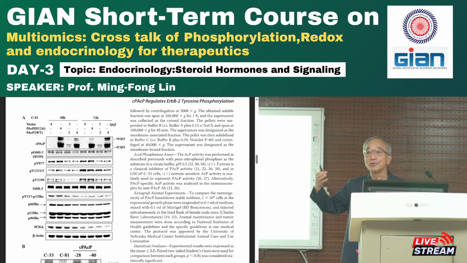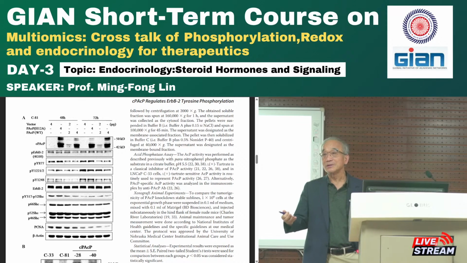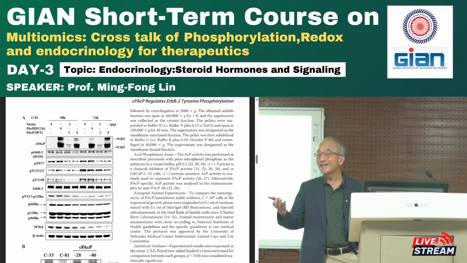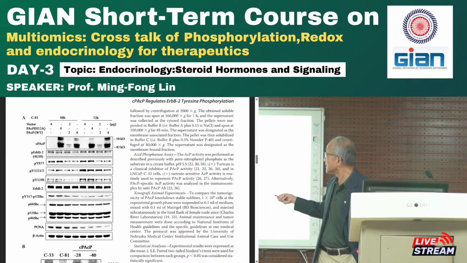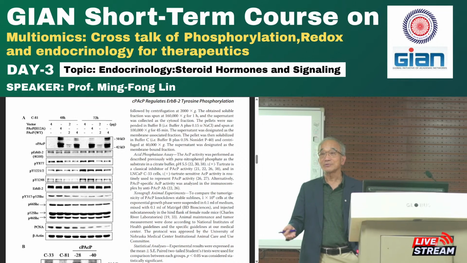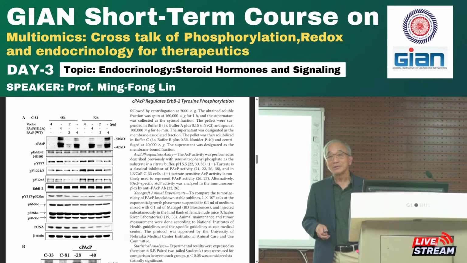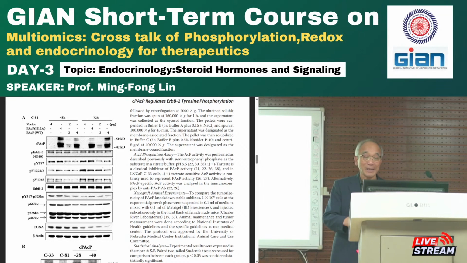So it's a functional effect. Sometimes you do the dephosphorylation, but we cannot see the functional effect. That means this regulation is not biologically significant. But now we can see the dephosphorylation correlated with the downstream signal change, which indicates it's biologically significant. So when we do an experiment, we need to be very careful to analyze the biological relevance.